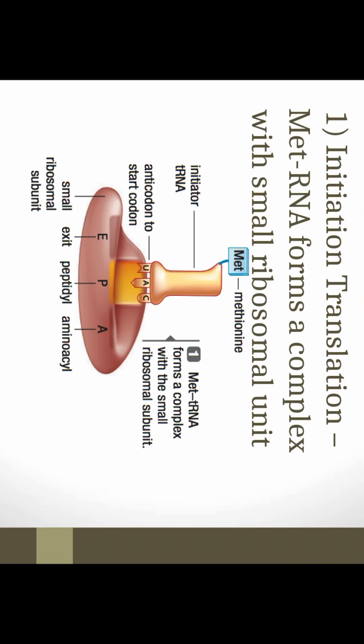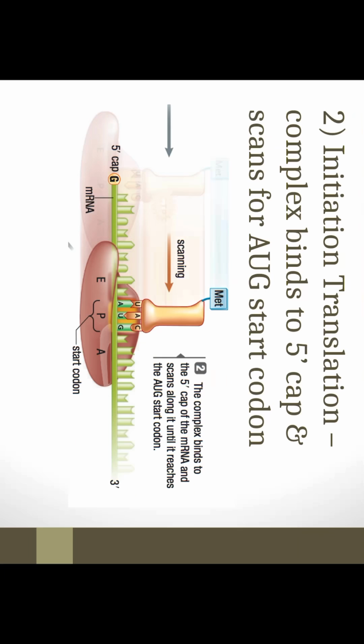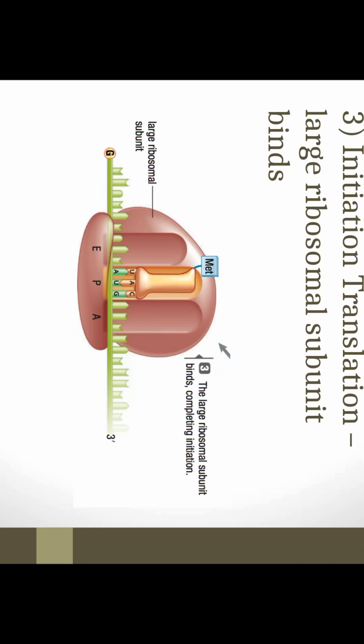So in the first step, you have the tRNA attached to methionine, attaching to the small ribosome subunit. Then these 2 things grab onto the 5' cap of the mRNA and zoom along.